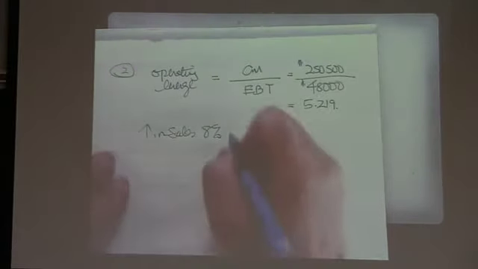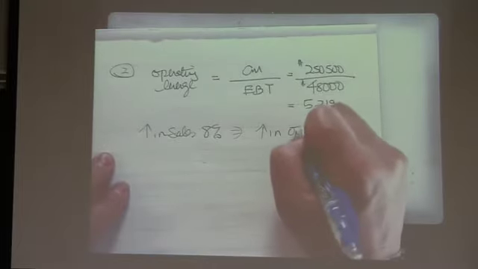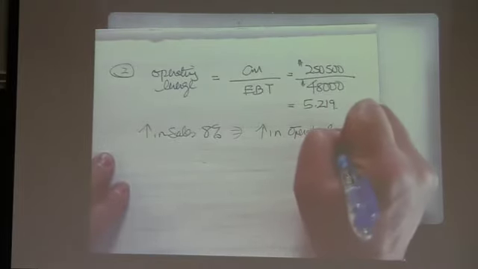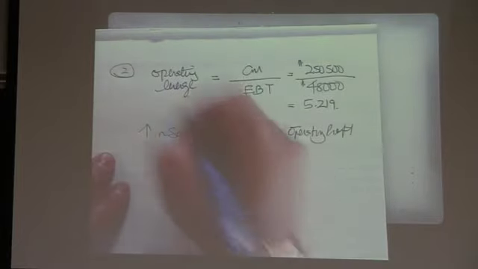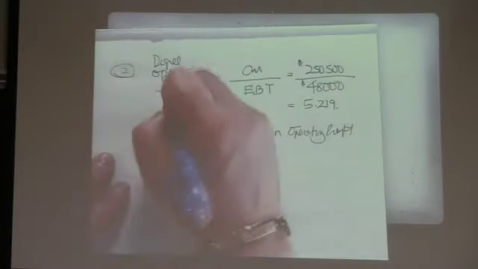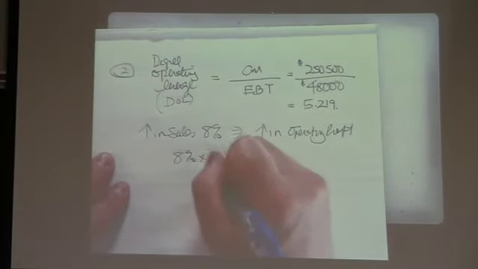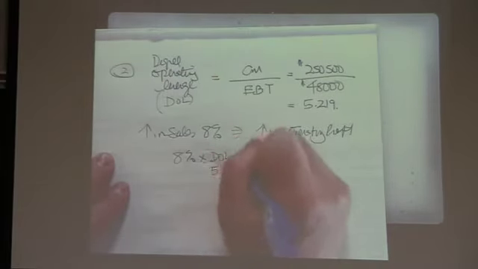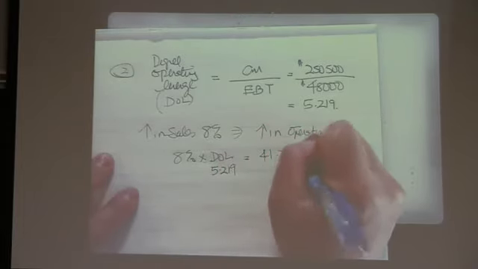To determine the increase in operating profit, we multiply the 8% times the degree of operating leverage, DOL, of 5.219, which gives us 41.75%.